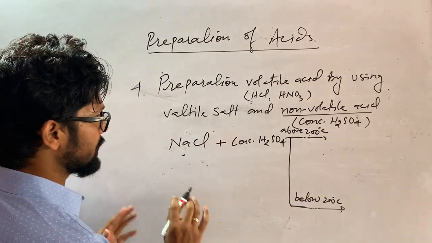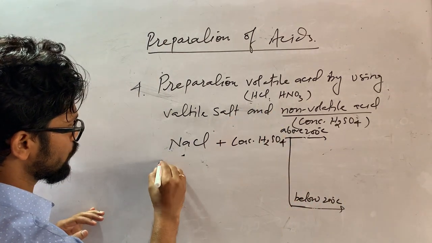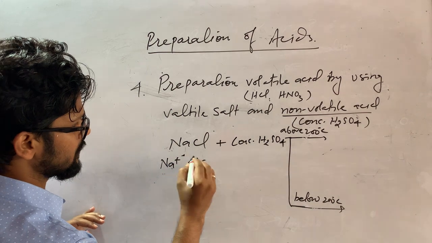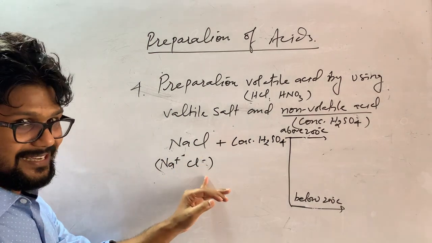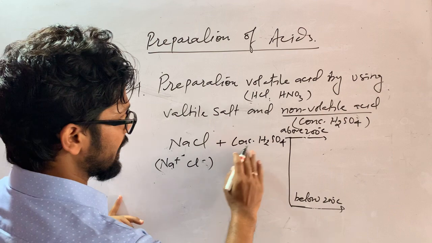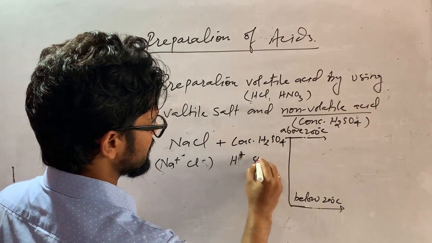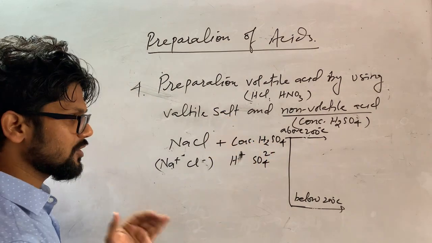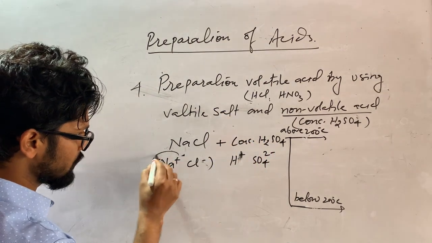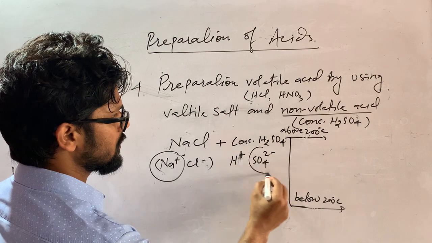Now, how will we write the product? I am giving the key. If the temperature is above 200, NaCl dissociates into Na plus and Cl minus, and H2SO4 can dissociate into 2H plus and SO4 2 minus. The concept is that the positive of the first will go with the negative of the second.